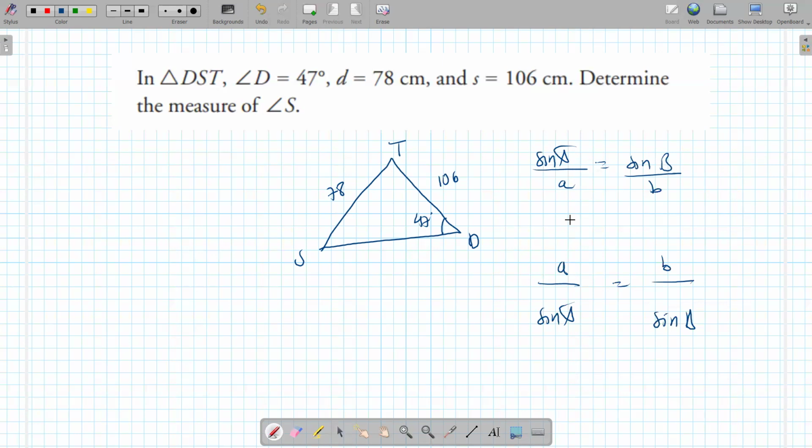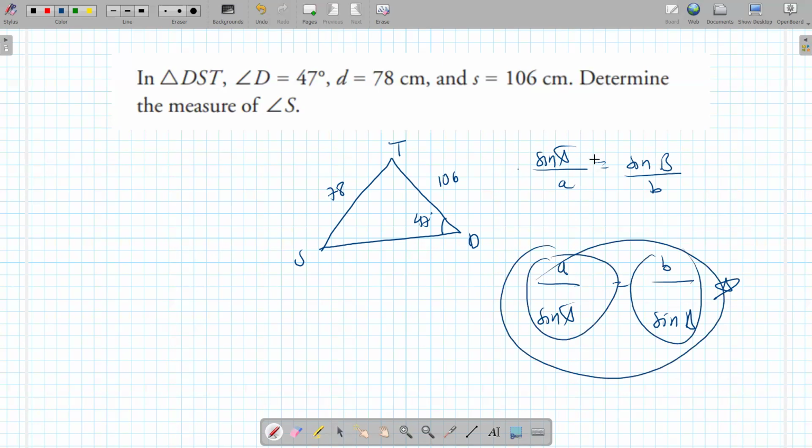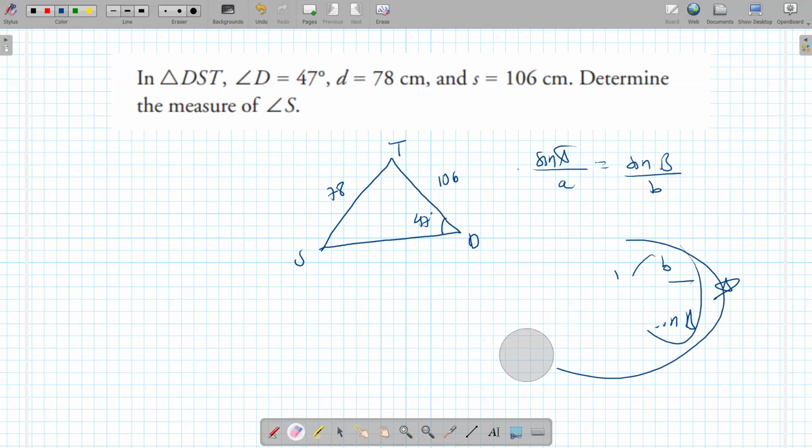This one you want to use if the angle's missing. It'll save you an extra step. The first one always works, but you just have to multiply both sides by the denominator because the angle's going to be missing sometimes, as is the case for this question. So I'm going to use this formula, which is the same thing, just 1 divided by this, and this will give you that. So it's just flipped upside down.